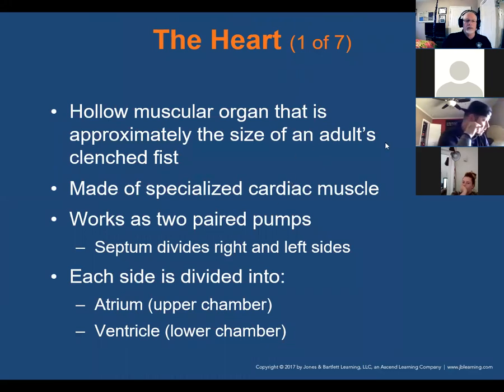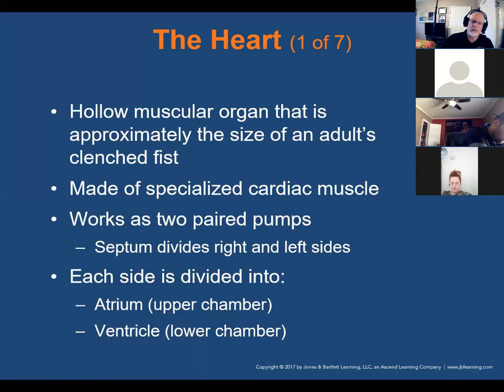Okay, how about that heart? It is a big old muscular organ that is divided into its two paired pumps. The cardiac septum divides it into the right side and the left side. I've been talking about that right side of the heart being the side where deoxygenated blood returns to the heart to be pumped out through the right ventricle, through the pulmonary arteries, out to the lungs to be oxygenated.